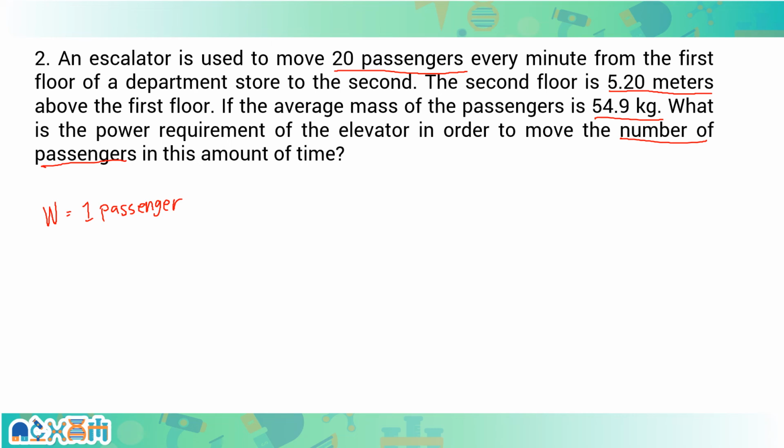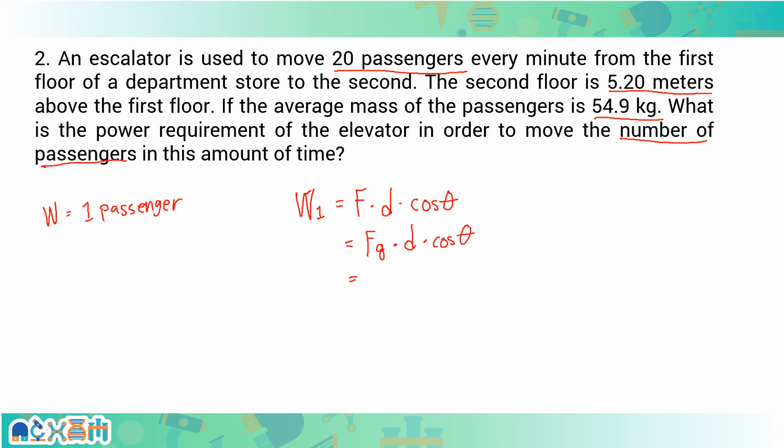Okay, so the solution would be work for one passenger would be equal to the same formula, F multiplied by d cosine theta. And then the force here, since it is being elevated, the force would be F grav multiplied by displacement cosine theta.